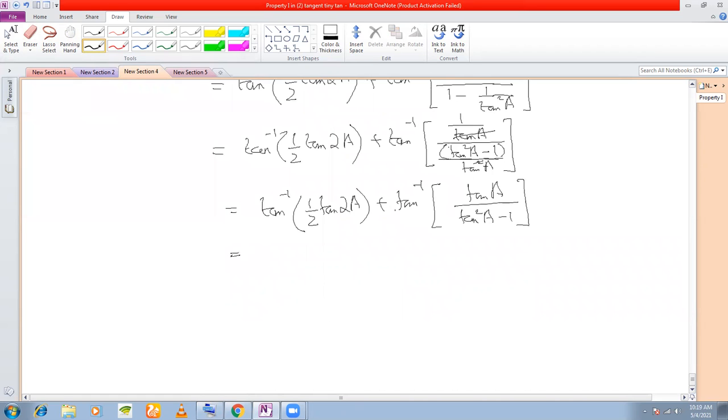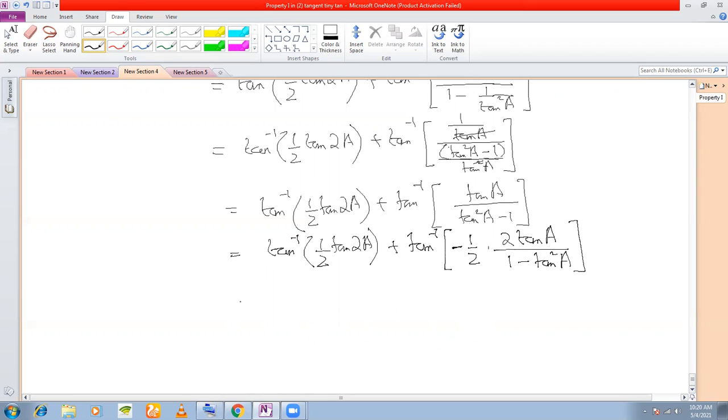So now, does the second term look familiar to you? To me it looks like, because see, if I take a minus half here, and I can write 2 tan A here in the numerator, and here, because I have taken a minus sign, I can write tan square A minus 1 as 1 minus tan square A. Now why have I written it this way?